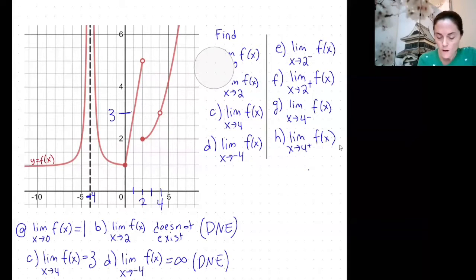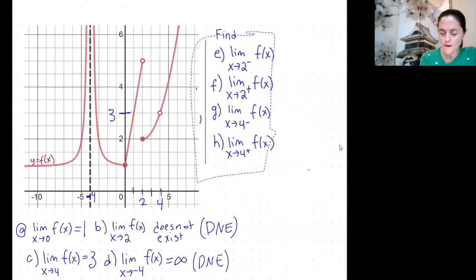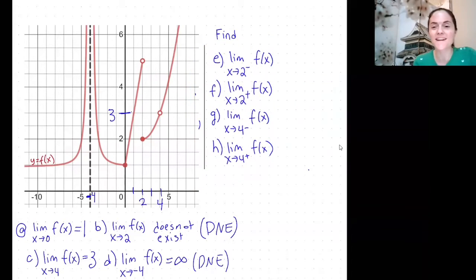Okay, now I would like to move on to E, F, G, and H. Maybe I will erase these and move E, F, G, and H over. So what are these here that we're about to compute? We have found A through D, and now we move on. Before I get into this, this is a limit as you approach -4, okay, and we have discussed.